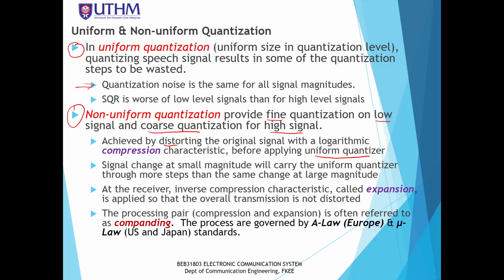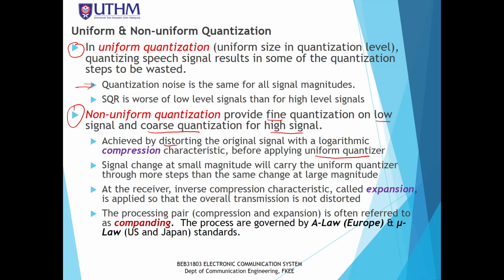So what's the purpose of compression? Compression allows small amplitude signals to become higher and high amplitude signals to become smaller. This is almost similar to the emphasis and de-emphasis in the analog.